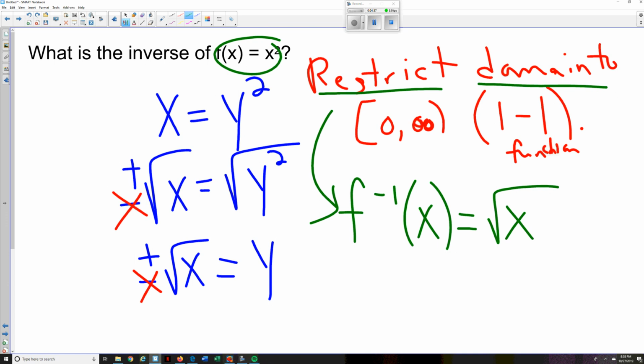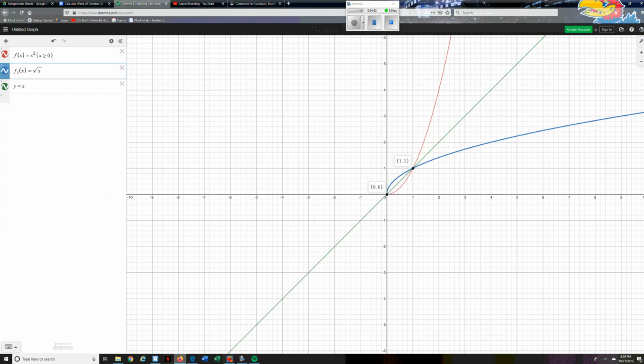Now, speaking of domains and ranges, let's talk a little bit about the domain and range of the inverse function. So let's continue this same exercise and go back to our graph. I'm going to type this out here.